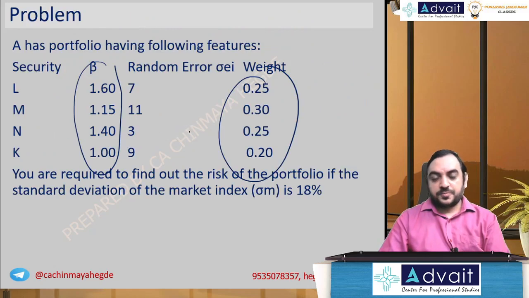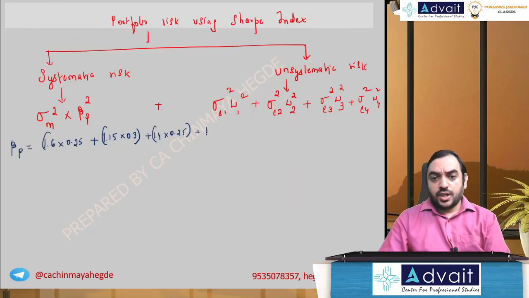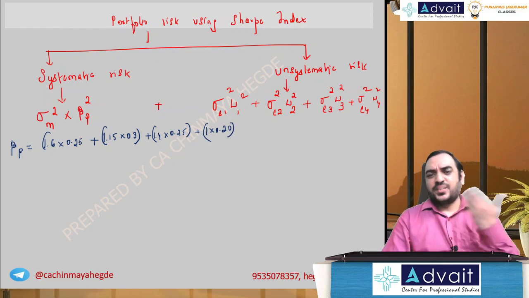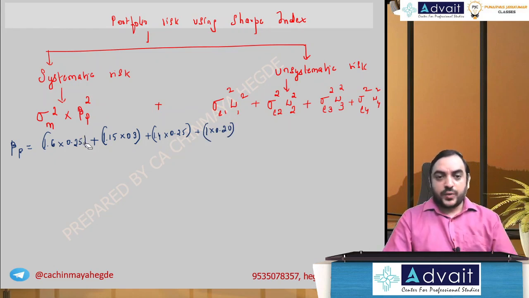Please tell me, what is the portfolio beta coming to? Weights multiplied by beta, nothing else, respective weights, respective beta.